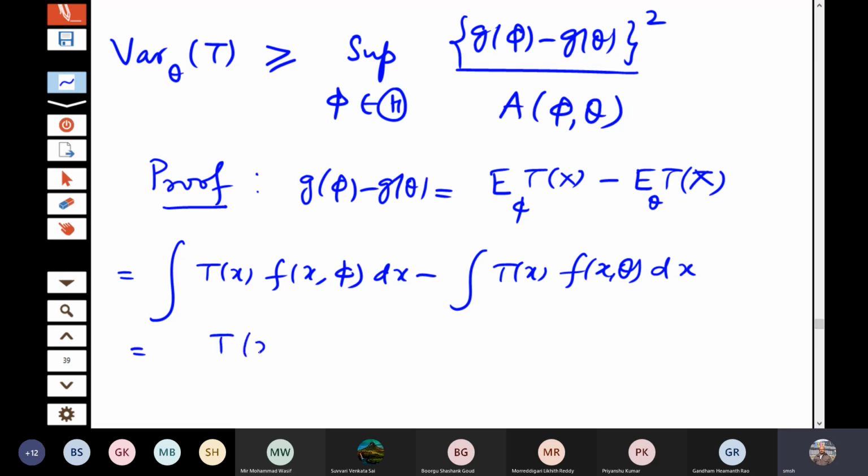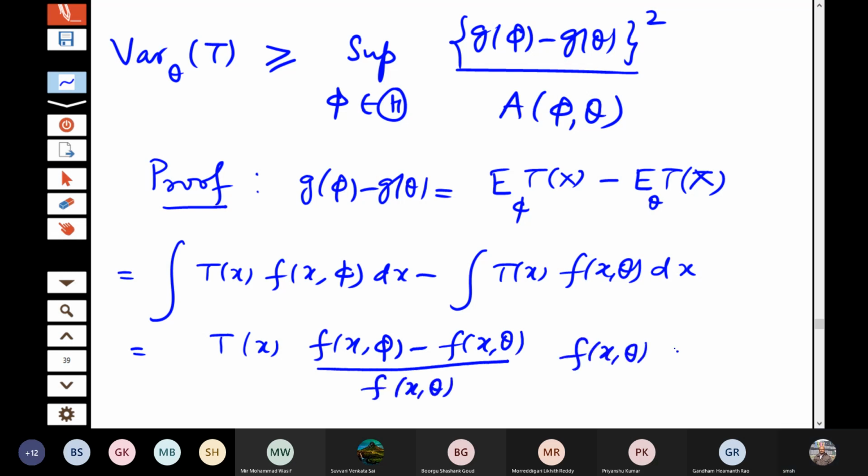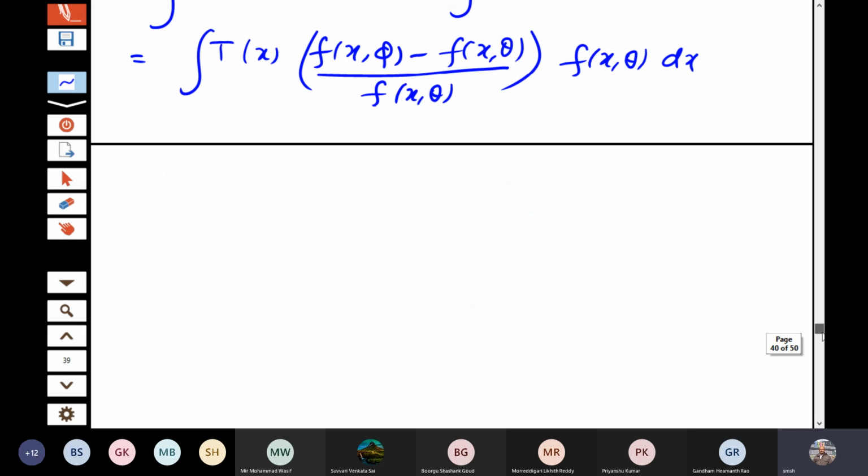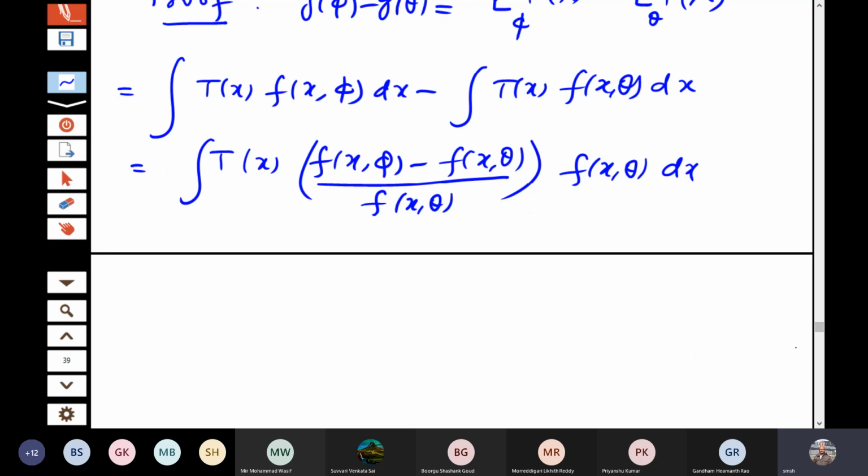We can write it as T(x) times (f_X(x; phi) minus f_X(x; theta)) divided by f_X(x; theta), into f_X(x; theta). Of course, I am assuming here a continuous distribution. If discrete, then these integrals will be replaced by summation signs.